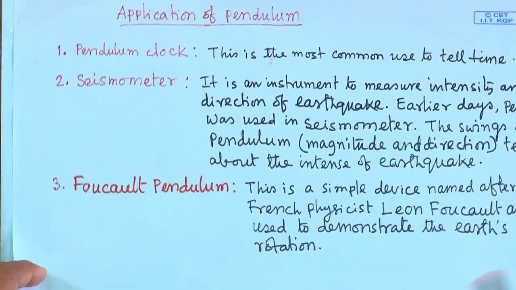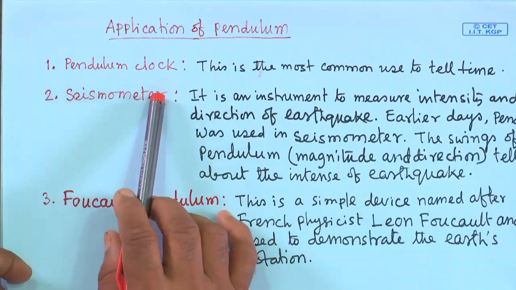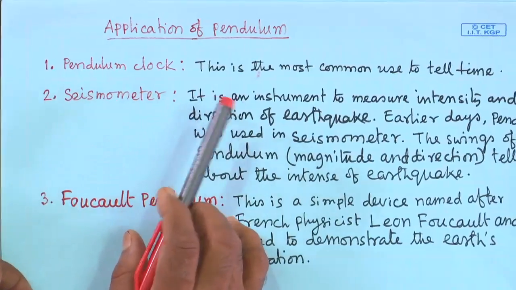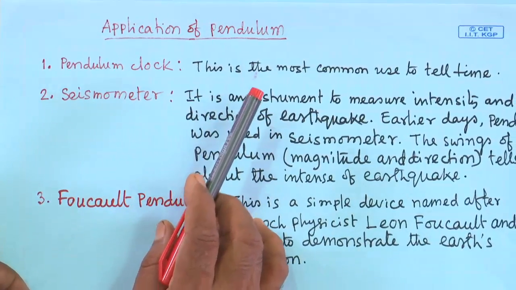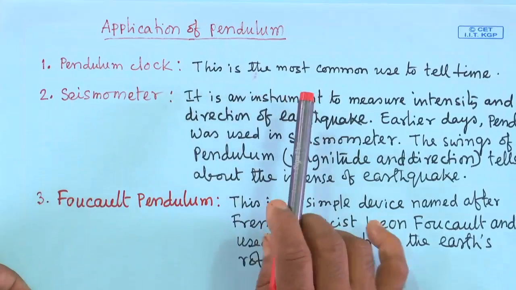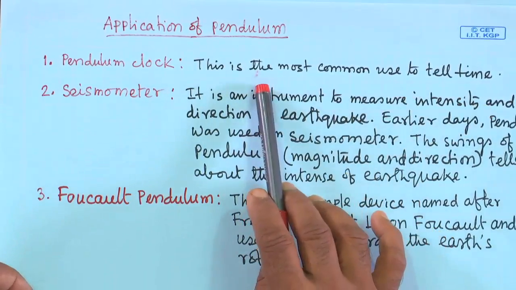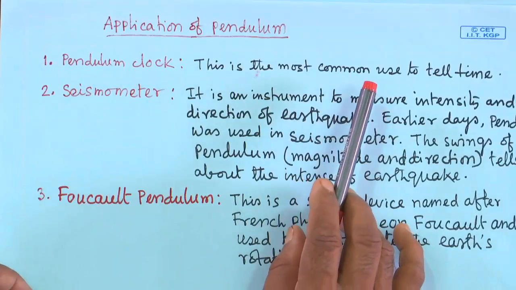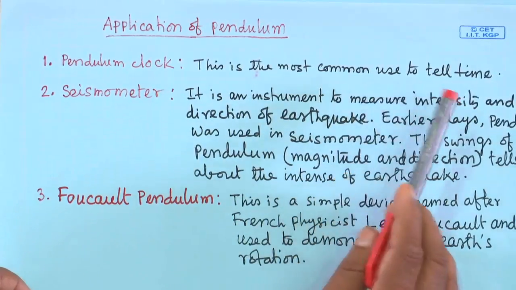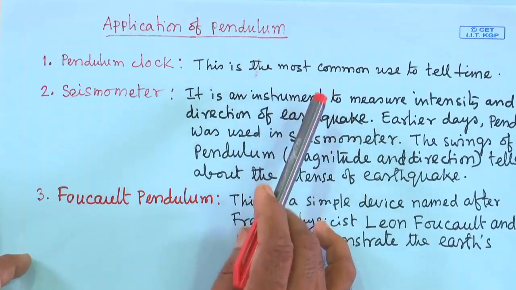I was showing you that the pendulum clock, in earlier days, was the only clock used to know the time. This was very important, and nowadays also it can give very accurate timing. I think all of you have seen this pendulum clock.